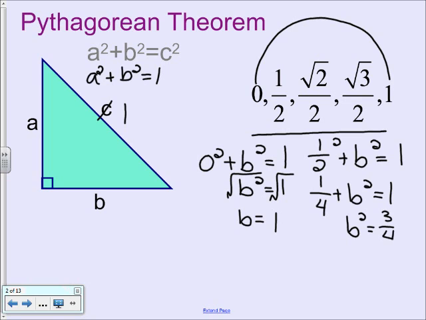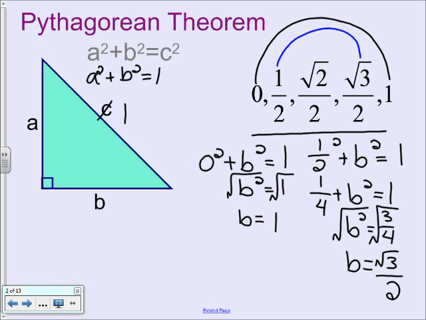Again, we're going to take the square root of both sides to figure out what b is equal to. When you take the square root of a fraction, remember that it's just the square root of the top, so the square root of 3, over the square root of the bottom, which is the square root of 4, or 2. So everywhere we see a 1/2, it's going to pair up with root 3 over 2.